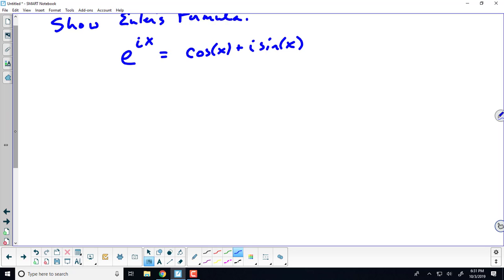So recall, if I give you f of x equals e to the x, this is a function that equals its power series representation. What was its power series representation? Do you remember?